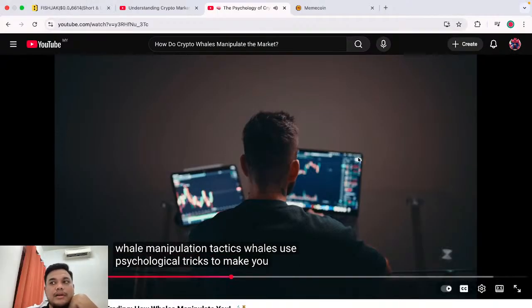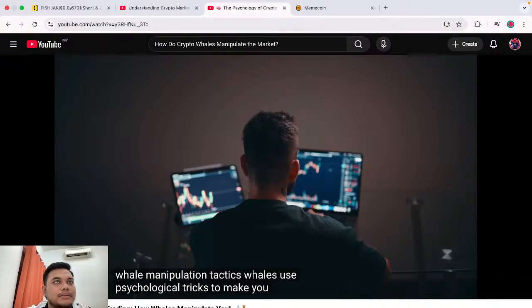So they've been saying just now that when Elon Musk tweets about Dogecoin, the whales have actually planned it before it even happens, right? The whales accumulate weeks before the hype. They know that this narrative, or this potential narrative, could come at any time.